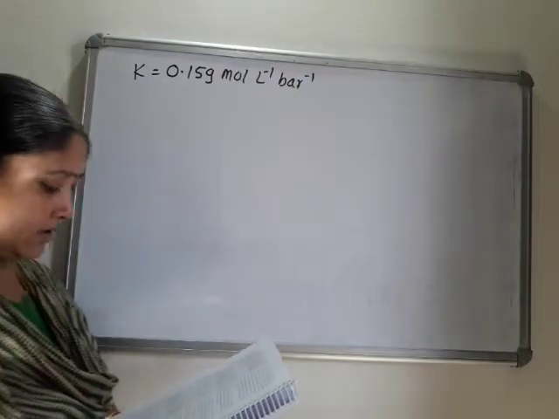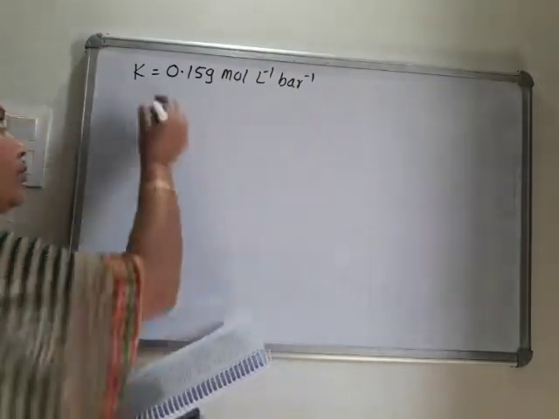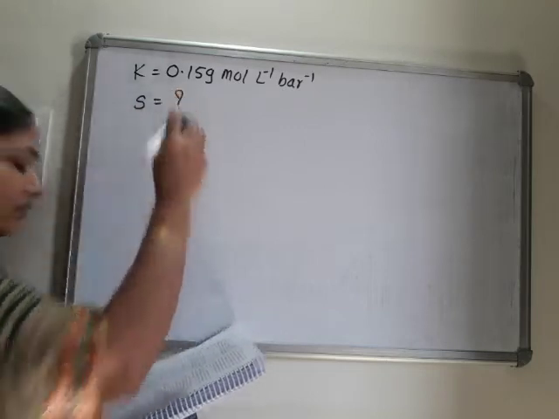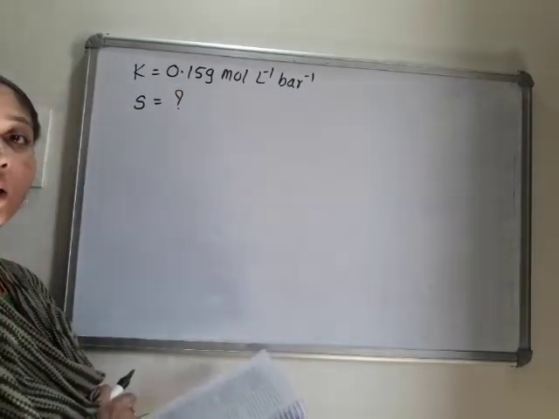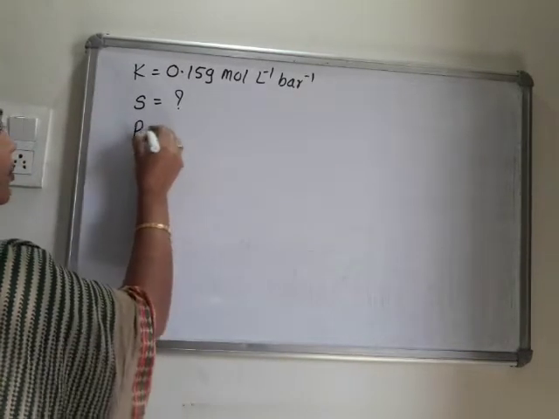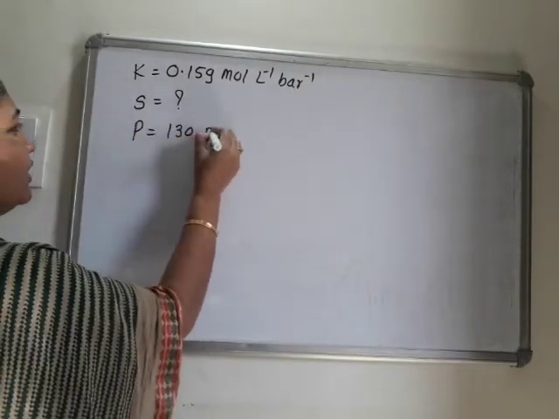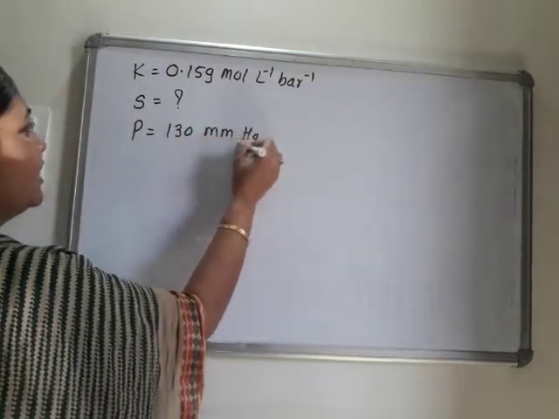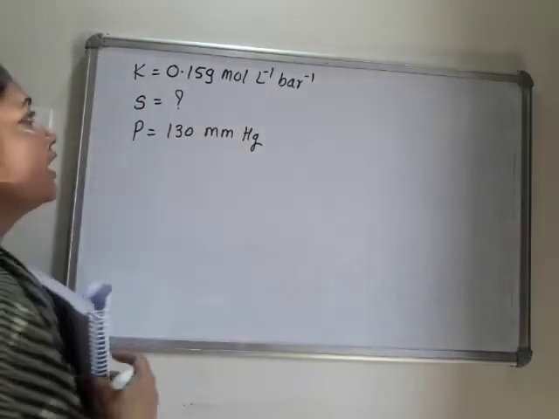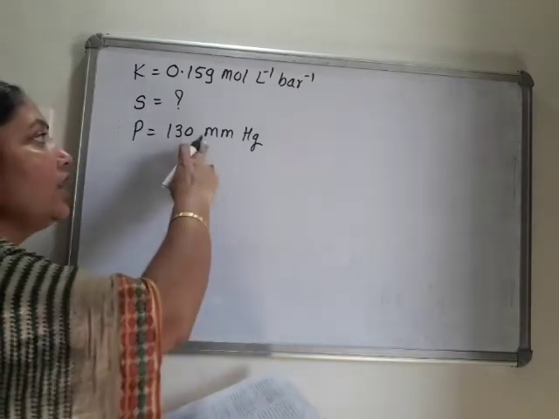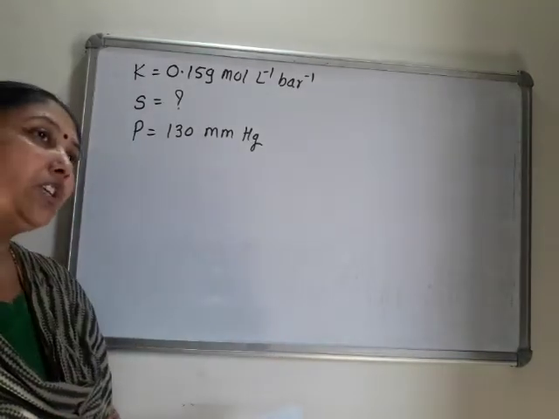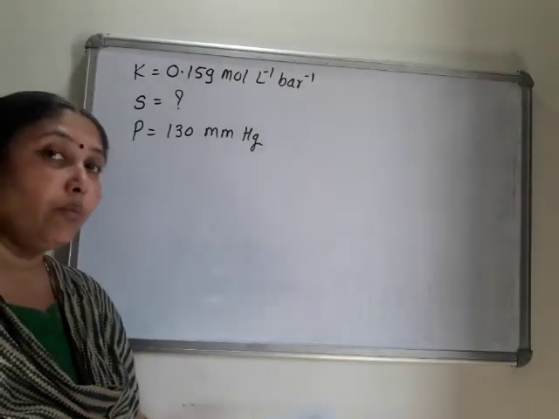What is the solubility of methyl bromide, S, if the pressure applied is 130 mmHg? So P given is 130 mmHg. Here, K is expressed in mole per liter per bar, so we have to convert this mmHg pressure into bar.